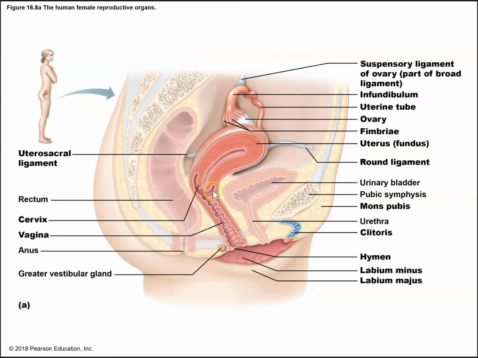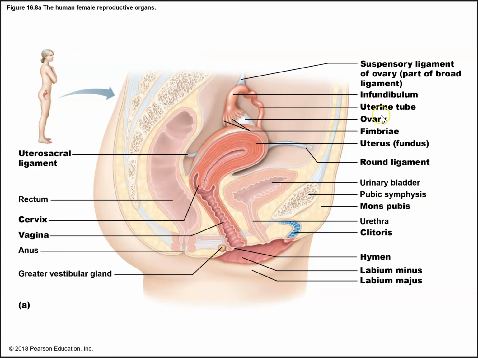The main organs that produce eggs are known as ovaries. The ovaries are responsible for production of oocytes and hormones that take part in the female reproductive system.